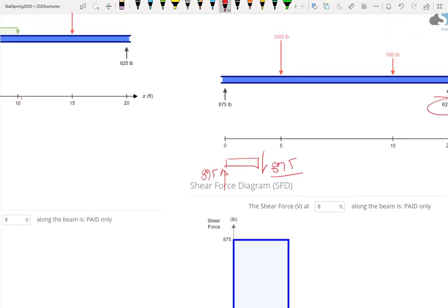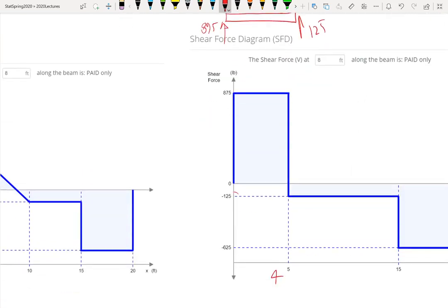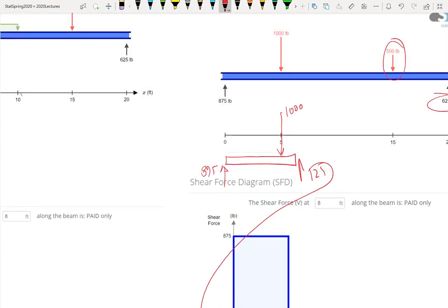Because as I move this part of the cut to the right, nothing happens until I come under this load and move to the other side. Here's a typical example. Let's now say I move out here to 6. Have 1,000. Looks to me like I gotta put up 25 to get to 900, and I gotta put up a 125. And I stay at 125 all the way until I cross this 500 pound load.